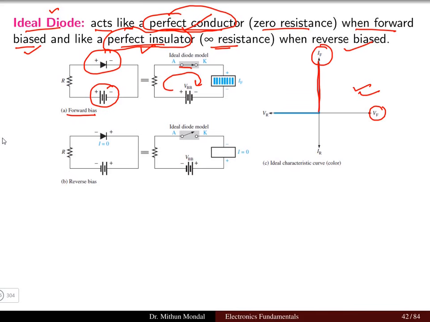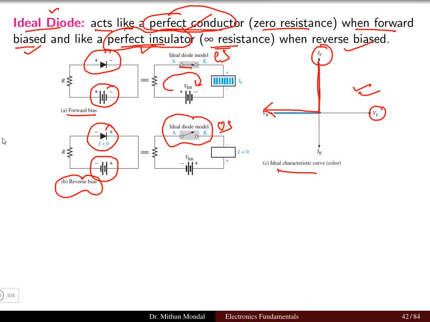In the reverse bias condition, when the diode is reverse biased with respect to the supply source, the diode acts as an open switch. So this is an open switch and this is a closed switch. The diode will not conduct, and the current will be zero. So this is the ideal characteristic for the diode.